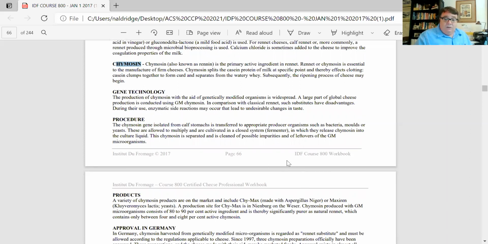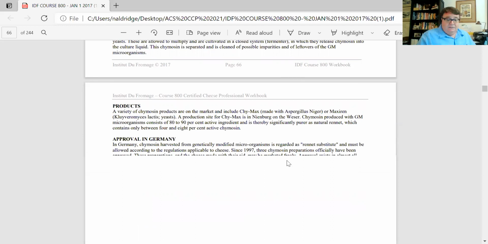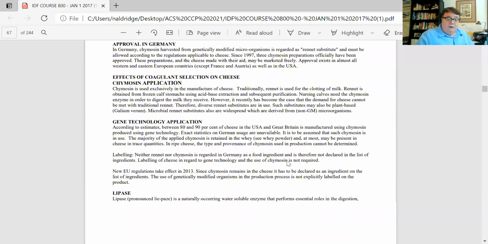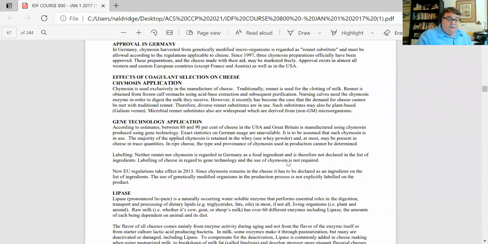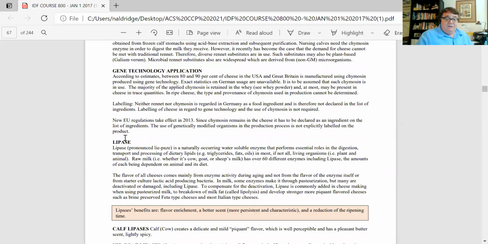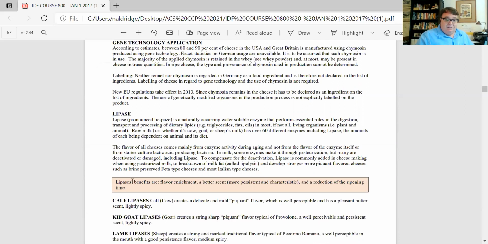Moving on now to page 67. Again, I would suggest to read through all of this, but the big thing here, lipase. Boom. I would know that inside and out. Again, page 67, lipase, know that. No lipases, this little colored bar down here.